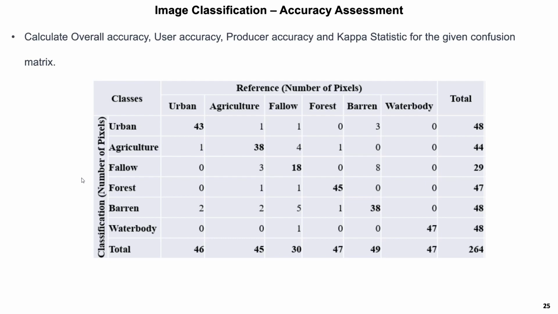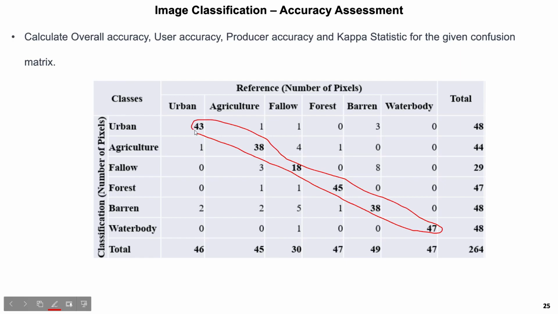So if you see the main diagonal elements, that is highlighted already. We need to make the summation of that for the overall accuracy. So that will be 43 plus 38 plus 18 plus 45 plus 38 plus 47.